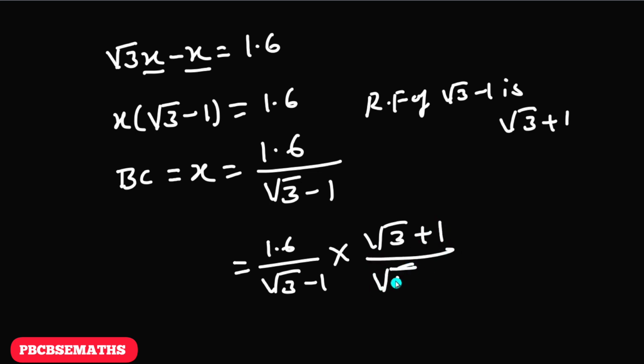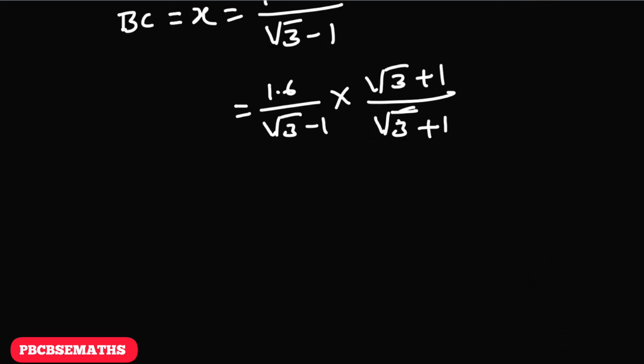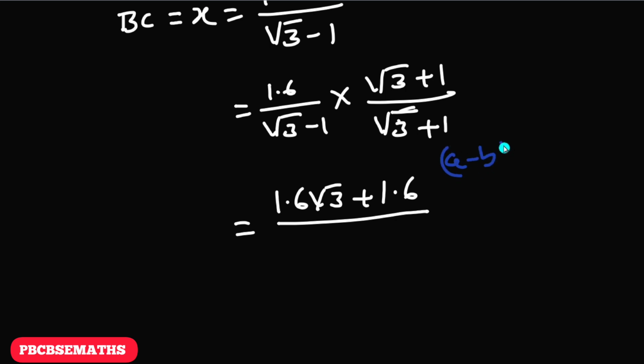By multiplying root 3 plus 1 with both numerator and denominator, we get 1.6 into root 3 gives us 1.6 root 3, then 1.6 into 1 gives us 1.6, whole divided by the denominator, which is in the form of a minus b into bracket a plus b, which is equal to a square minus b square.